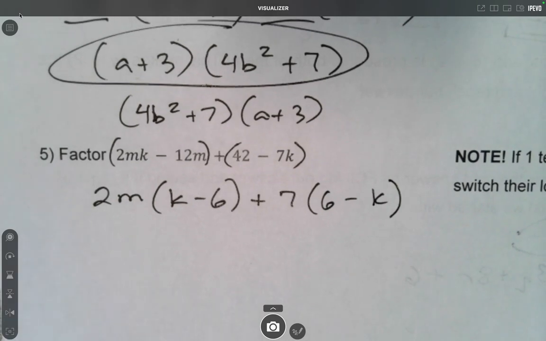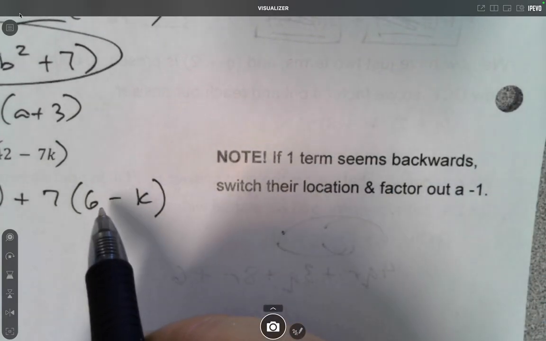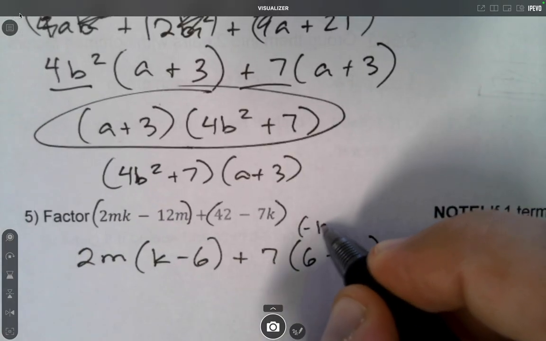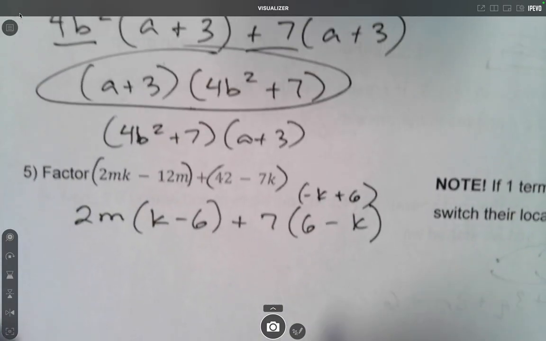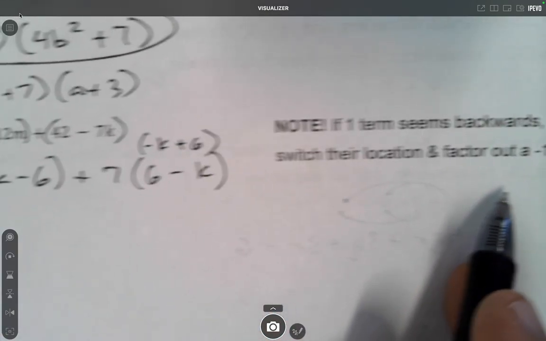This is weird. It's almost like they match, but not quite, because we have a k minus 6 and a 6 minus k. So here's the trick. If one term seems backwards, switch the location of the two terms, meaning change it to negative k plus 6, but that still doesn't match, so then you have to factor out a negative 1.